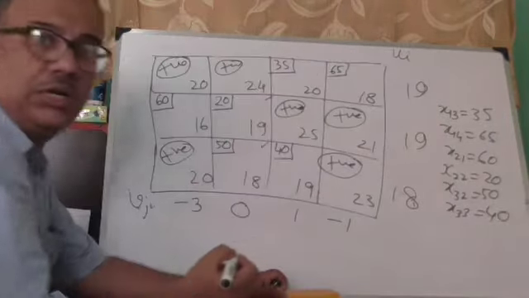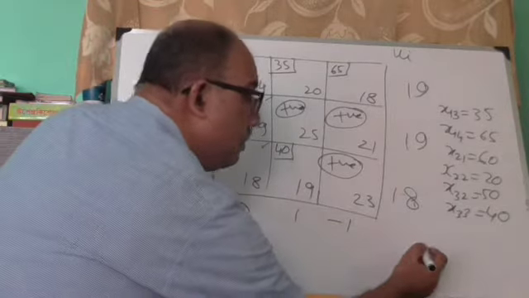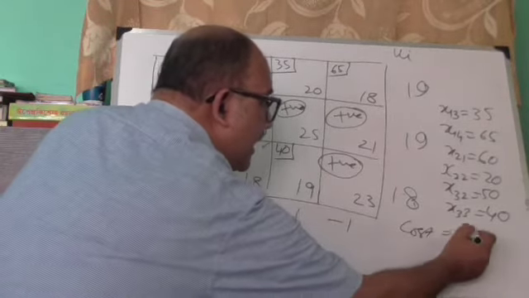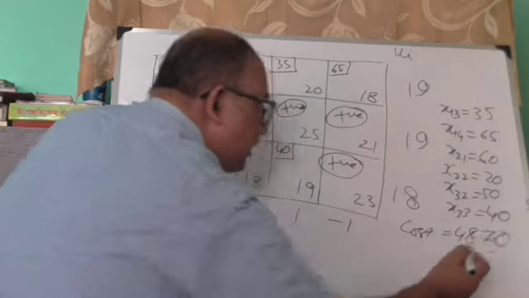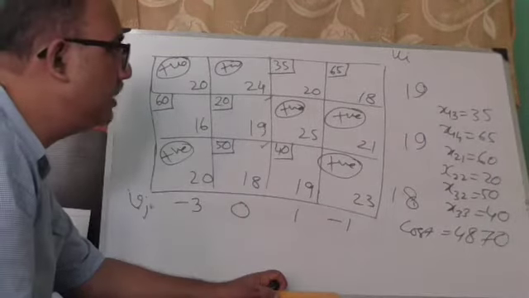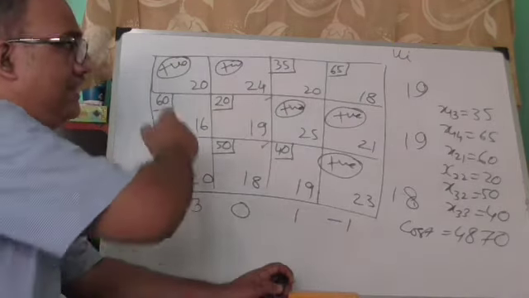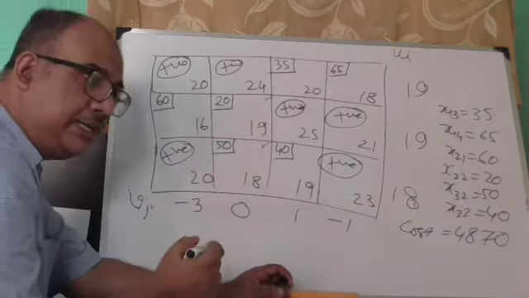And the minimum transportation cost equals 4870. That is what we have obtained. So this completes the problem of transportation, and this is how we have to do the optimality test.